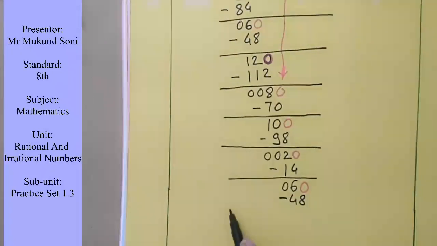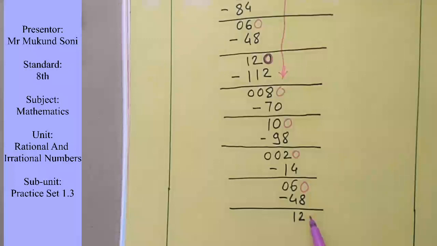On doing the subtraction, you will find the answer is 4. Then have another 0. Have you started to look for repetition already? If not, then start looking for it. Then again it comes 112.